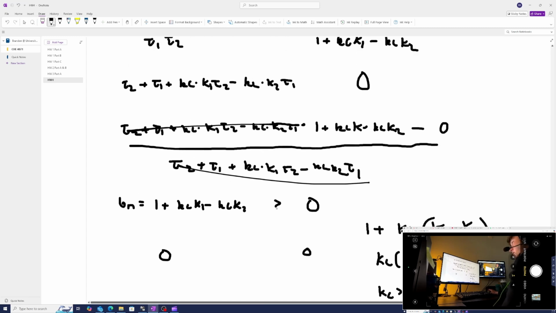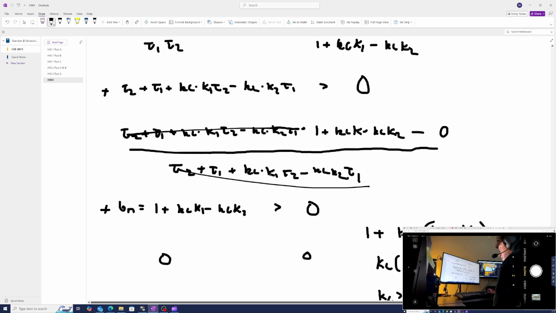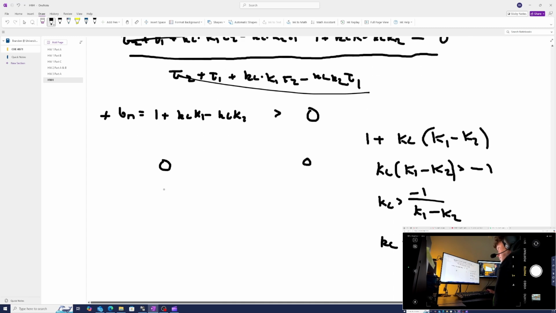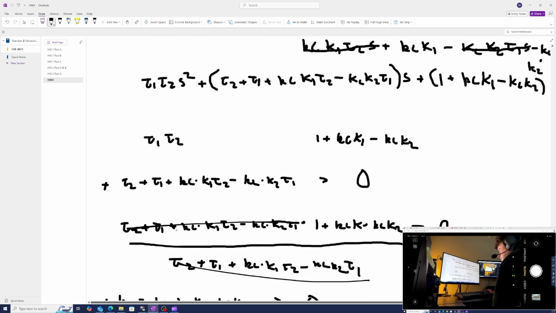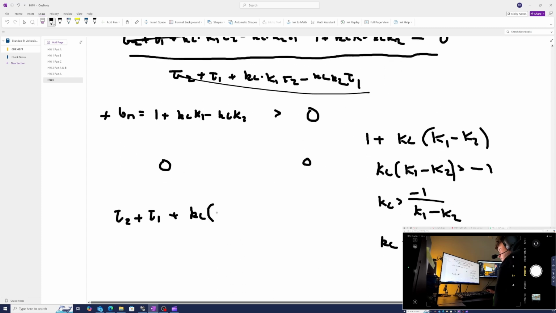So what we can also look for is another situation that constrains it. This is another equation we can use, because since this is positive, this must also be positive. So we can use this to find our upper limit for Kc. If we pull out our Kc's, we get tau 2 plus tau 1 plus Kc times K1 tau 2 minus K2 tau 1 is greater than 0.